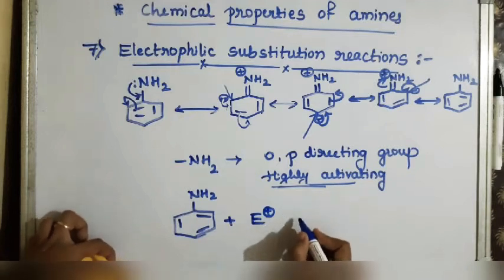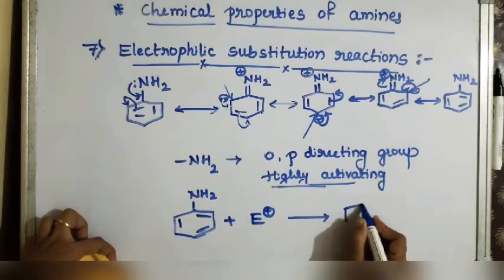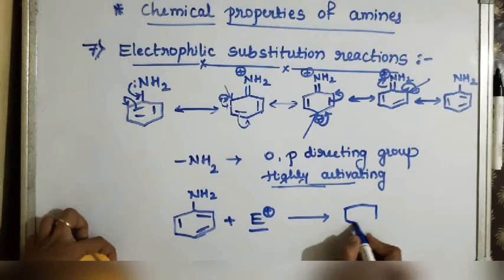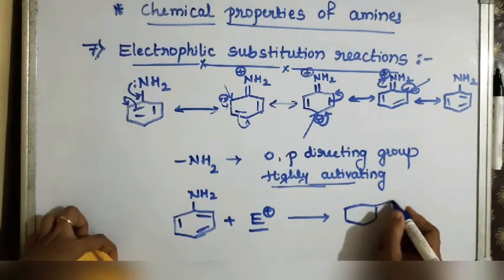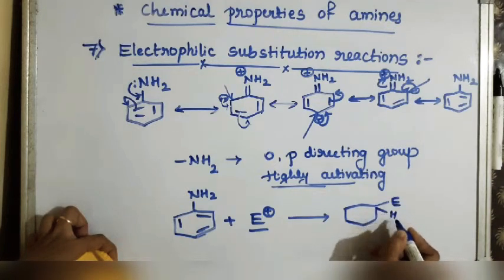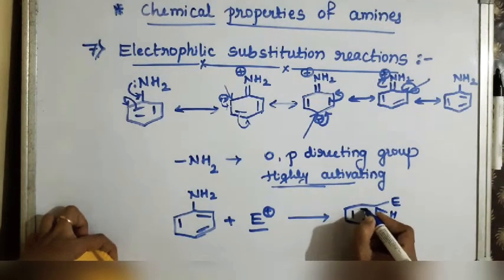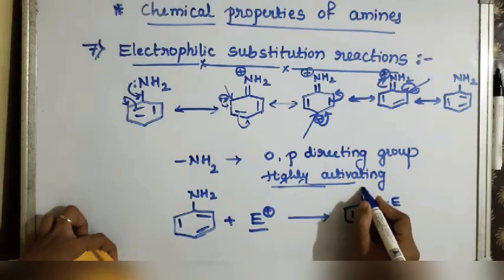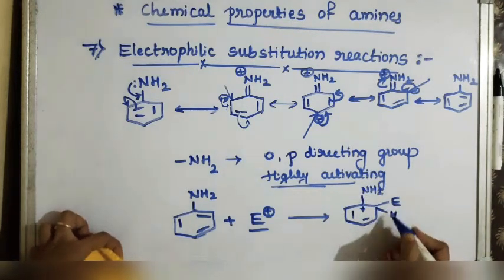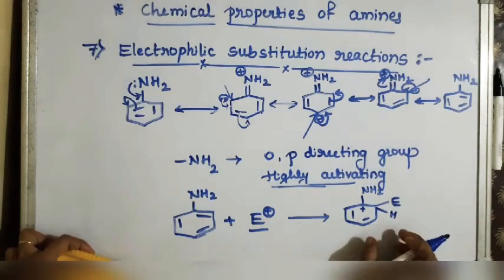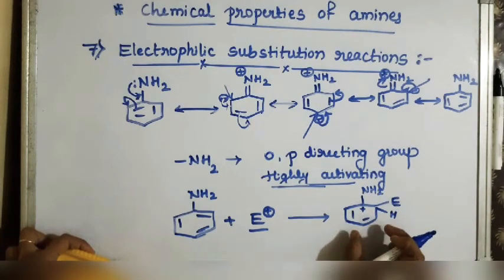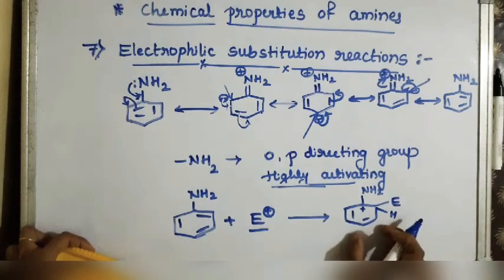When this electrophile attacks the aniline at the ortho position, you will get this kind of carbocation, correct? The positive charge will be here, with the NH2 group. Okay, so like this you will get one of the resonating structures, or this may be the species after the attack of the electrophile.